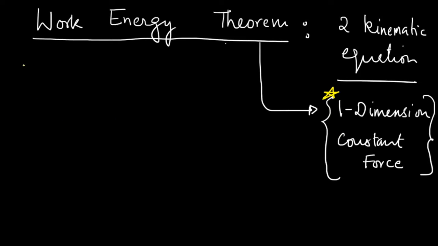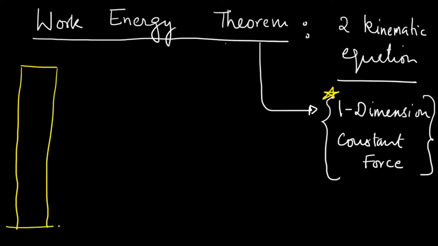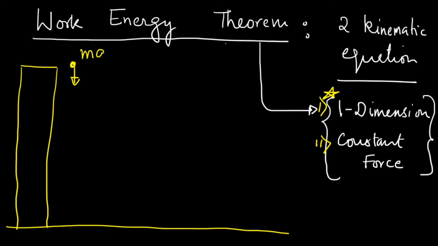So now let's get to the standard example. The example that I'm considering is a very nice example of both these conditions, one dimension and constant force. For example, the force on a particle of mass m is mg, almost a constant if you're not too far away from the surface of the earth.